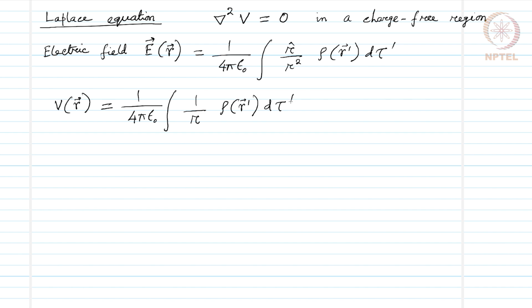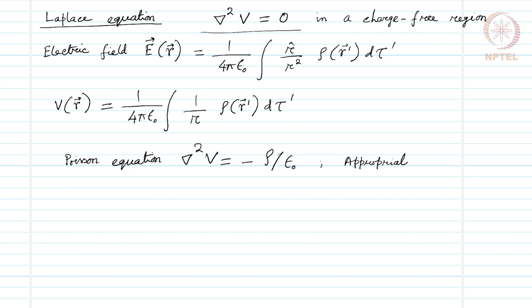If we have the Laplace equation at hand in a source charge free region, or say the Poisson equation, that is del square of V equals minus rho over epsilon naught, if we have either of these two at hand, and appropriate boundary conditions, we can solve many interesting problems, and many problems that are much more difficult than whatever symmetry we have discussed so far.